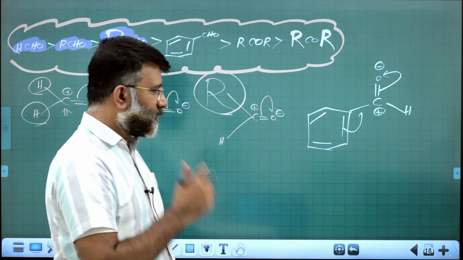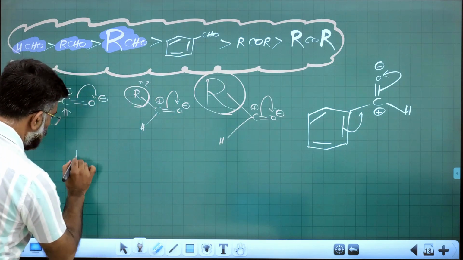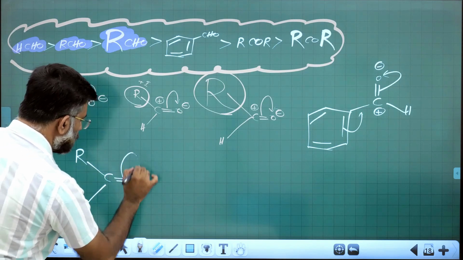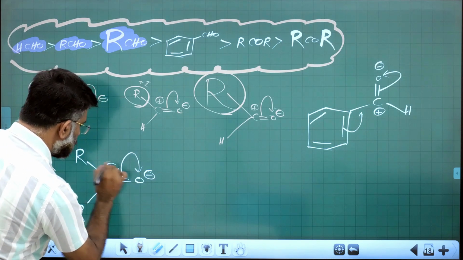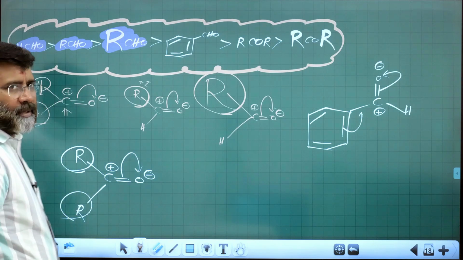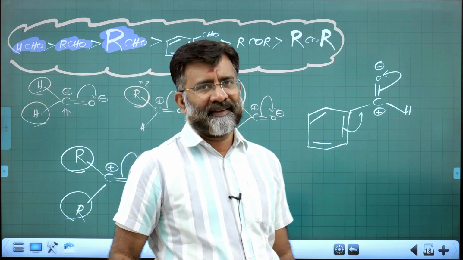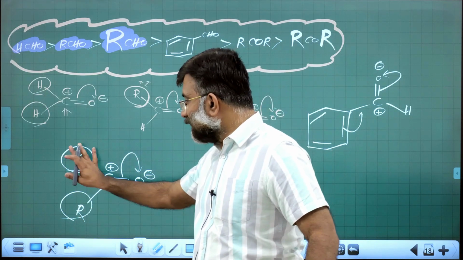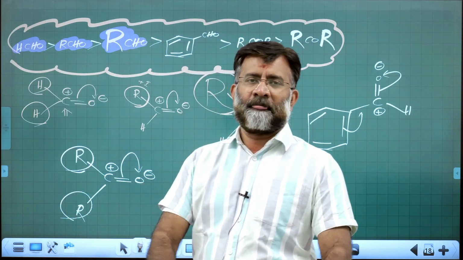Then what about ketone? RCOR. This is polarizing as minus and plus. The plus charge on carbon is reduced by the two-way plus I effect of the alkyl groups, and of course, when the size increases, steric reasons.